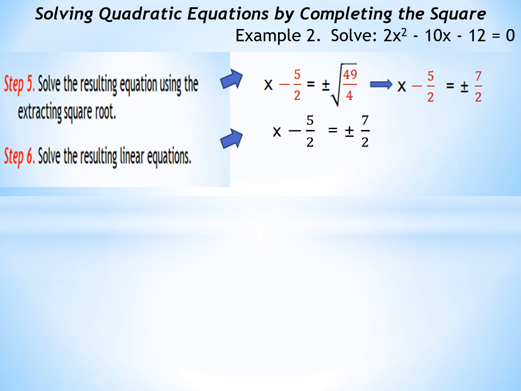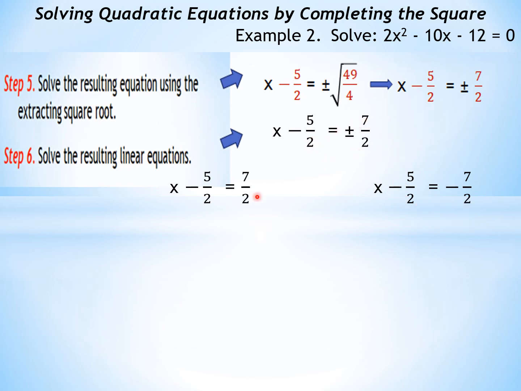Okay, so tuloy natin. So, from here, yung huling part natin. So, x minus 5 halves is equal to plus or minus 7 halves. So, paghiwalay natin ulit kasi may plus yung isa, minus yung isa. So, heto, x minus 5 halves is equal to 7 halves. Yan yung plus. So, ito naman yung minus. X minus 5 halves is equal to minus 7 halves.